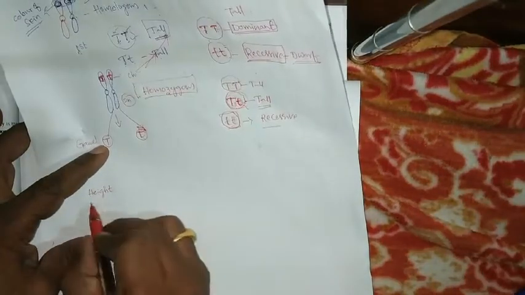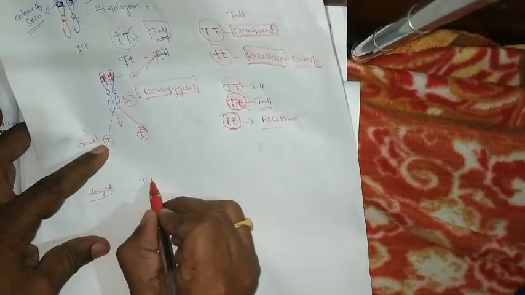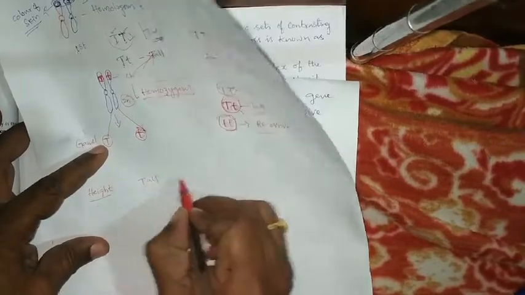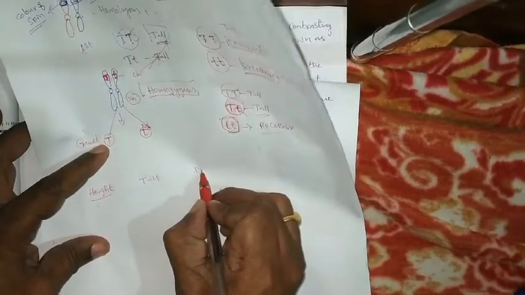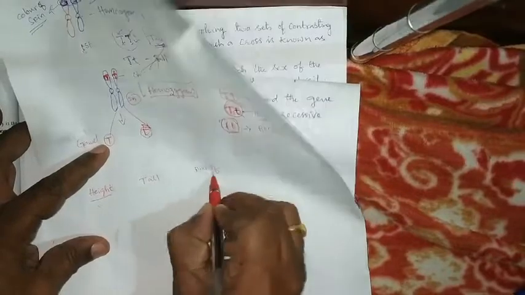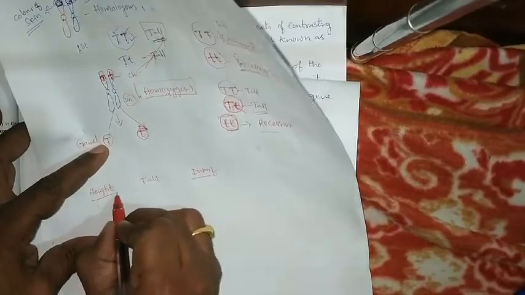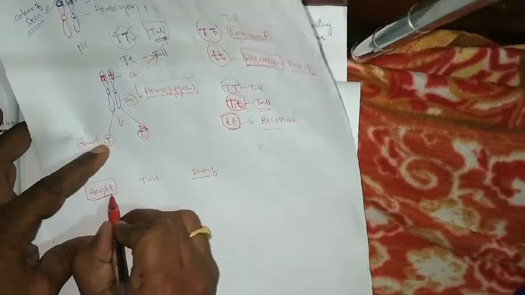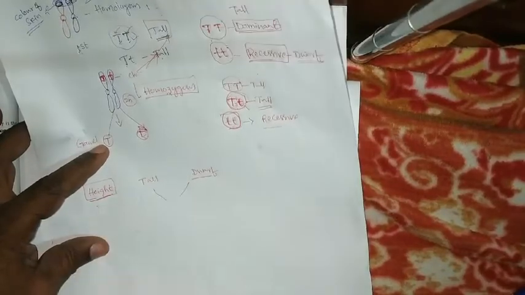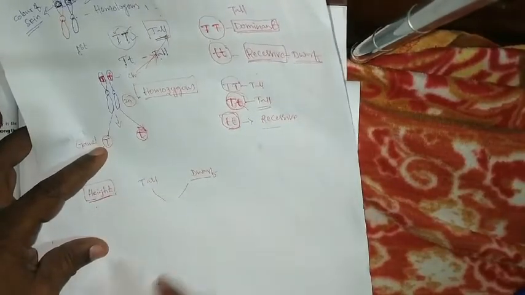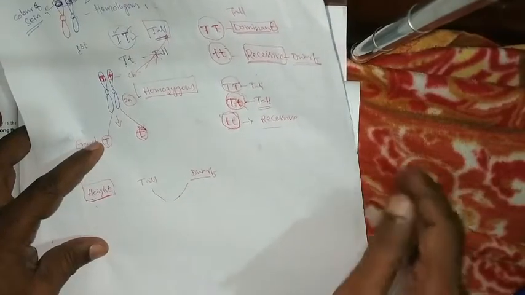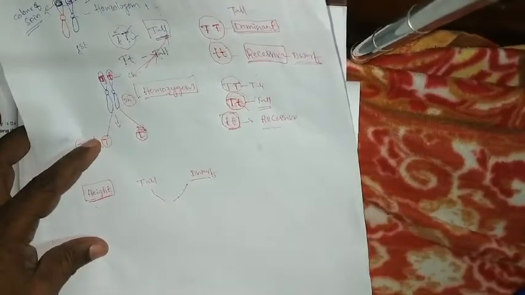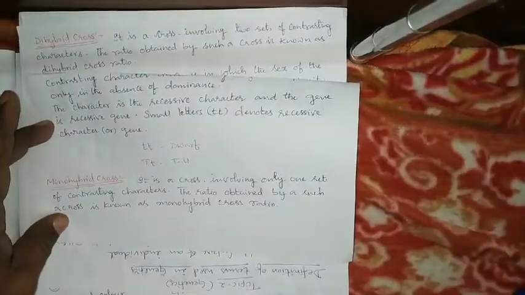Height has two alternative forms, tall and dwarf. We consider only that one character, height, and based on it we cross two plants. So this is called a monohybrid cross.